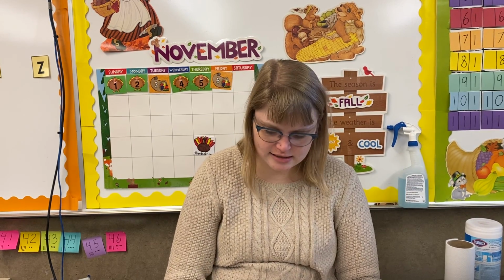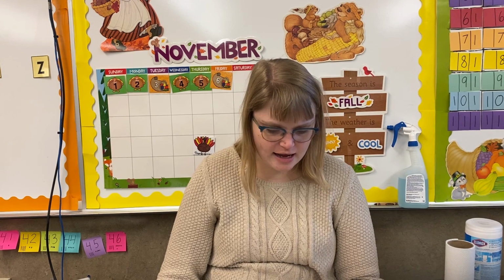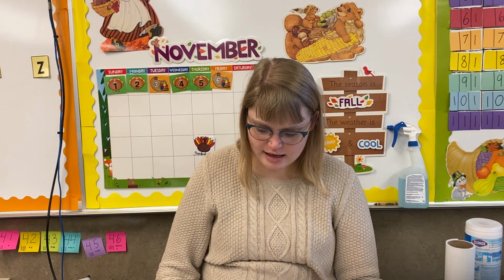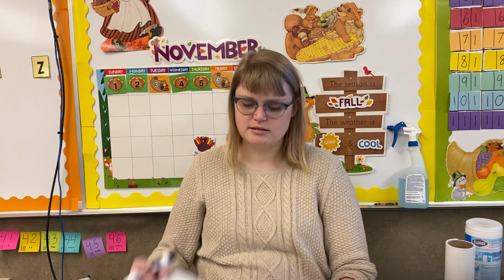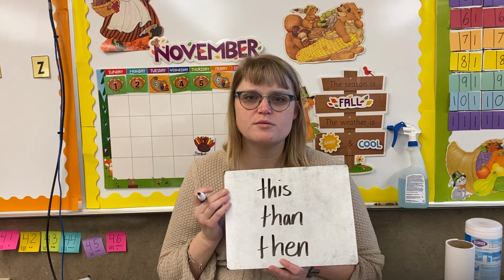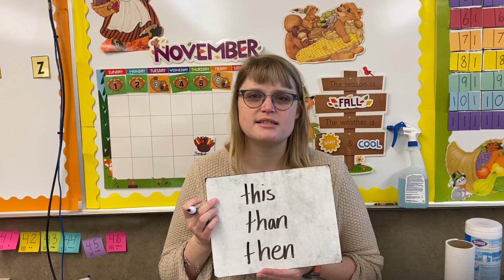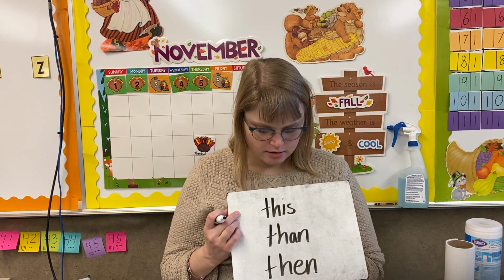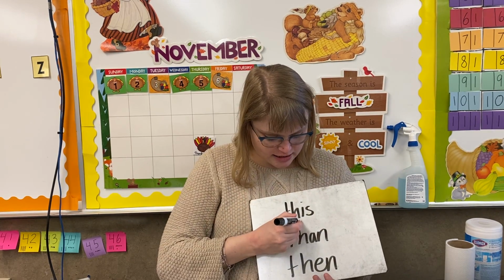Now let's see if we can figure out what letters are making that sound. So it's in this, then, and then. What letters do you see at the beginning of those words that could be making the sound? That's right, it's TH again.